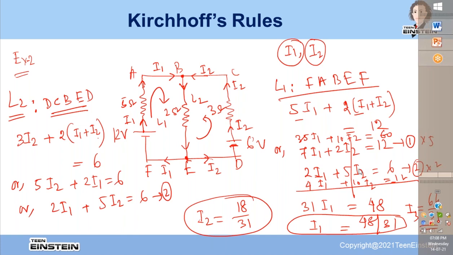Before entering the fourth chapter, we'll be discussing various problems or conceptual questions which have been asked in previous papers in CBSE board or many competitive exams. We'll thoroughly discuss, at least 1 or 2 classes, and then we'll move forward to the fourth chapter.